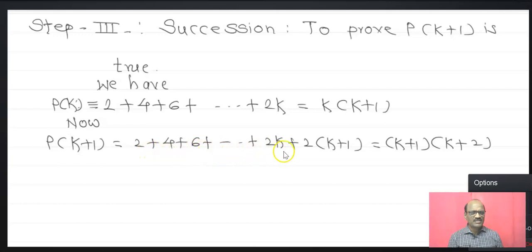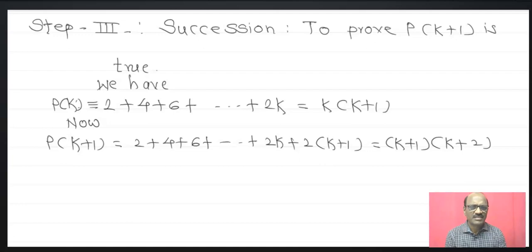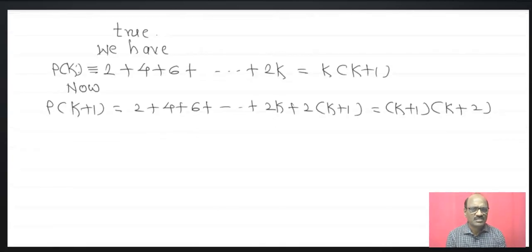is treated as the value that we have seen in the above. Now see this here. We take the value of 2 plus 4 plus 6 plus 2k from the above step. Its value is k in bracket k plus 1.